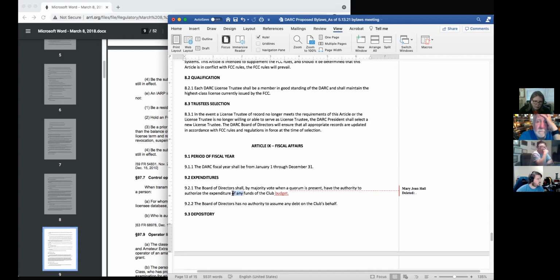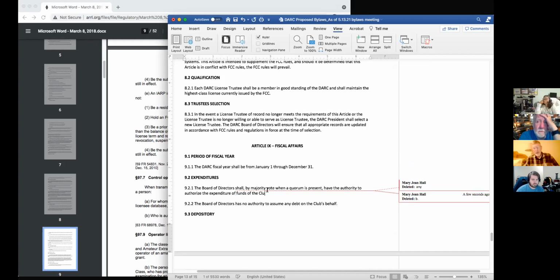Well, the way it's reading is that the board can do it without the majority of the membership voting for it. But if we're limited to what's in the budget, then the members have to approve the budget, so they already approved it. The board shall, as outlined in the budget.